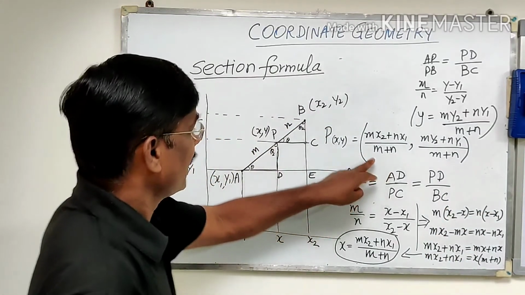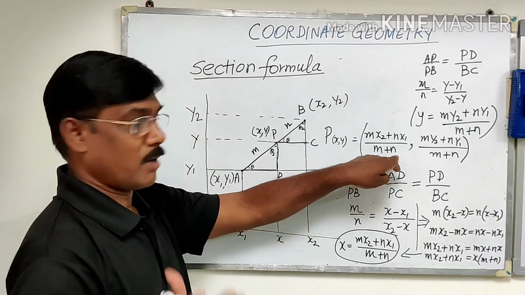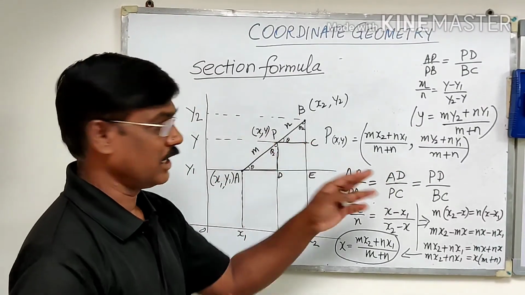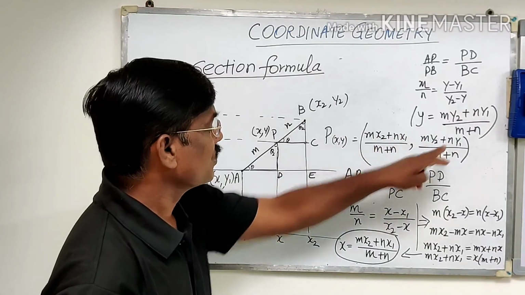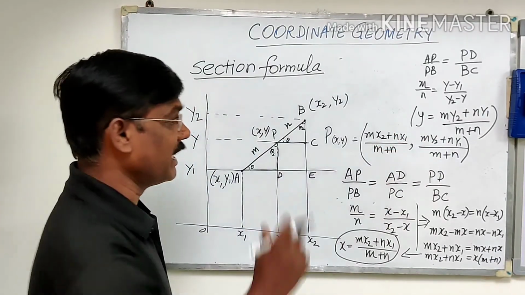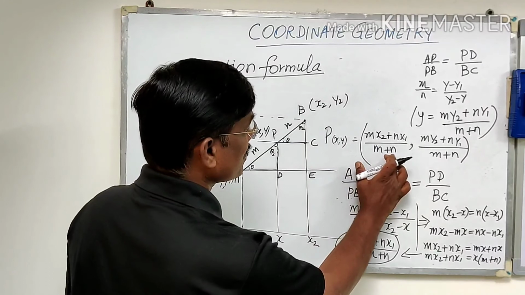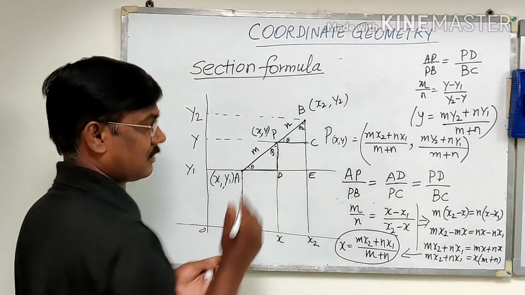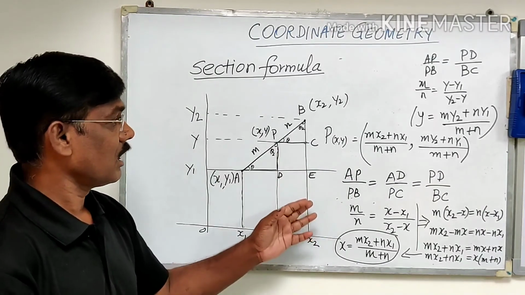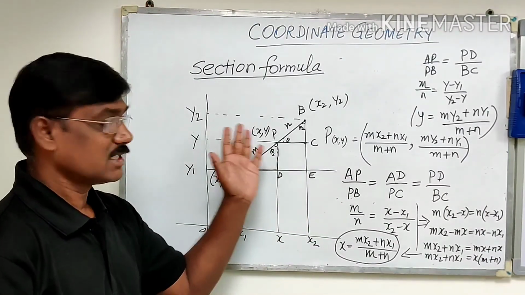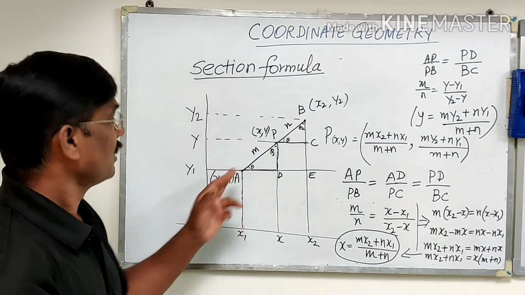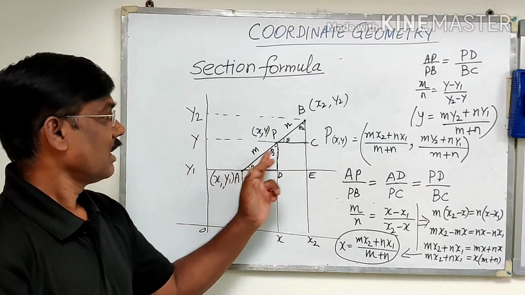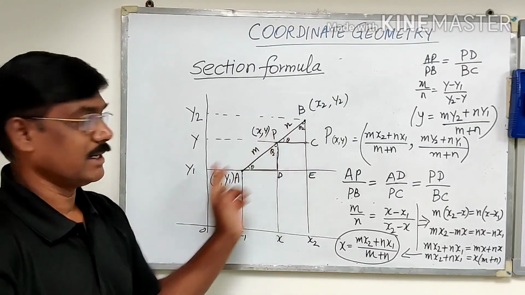So here m is given, n is given in the problem, because it is dividing in a particular ratio, and x1, x2. So now we have derived a formula in terms of the ratios and the coordinates of A and B, nothing else. Everything is given. So this is the section formula. It is called the section formula, for finding the ratio in which a point divides a line segment.